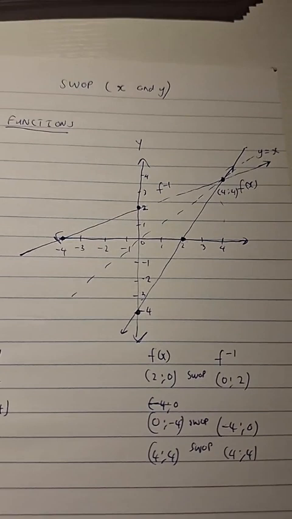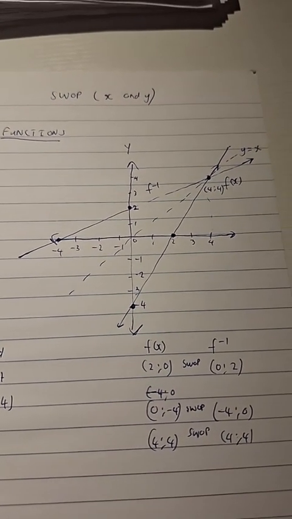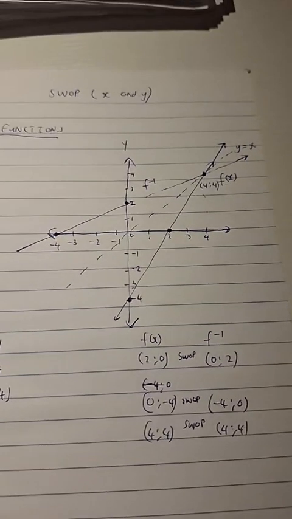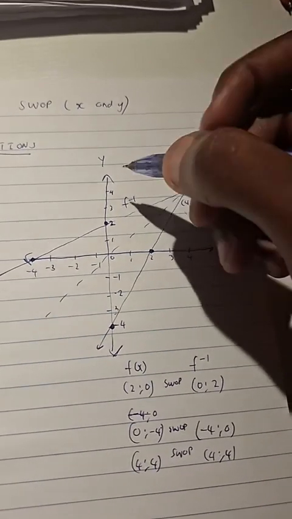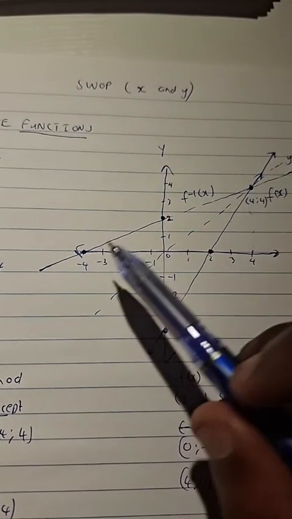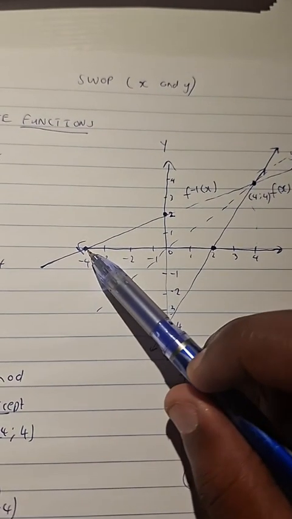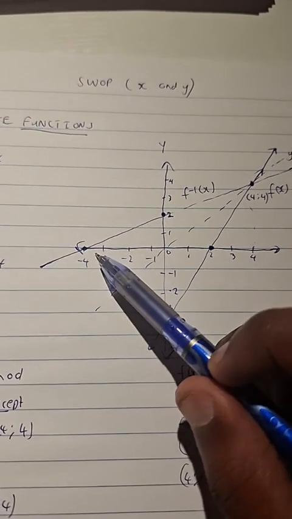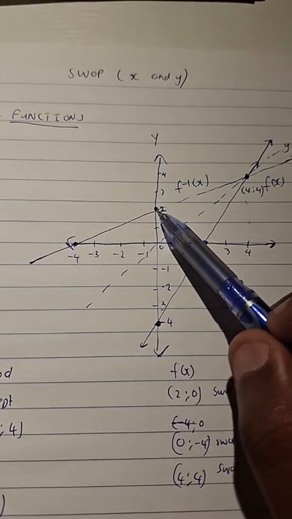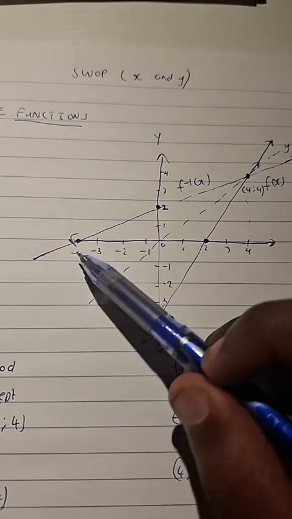I don't know if there are any questions in the comment section, but if there are any questions, please ask. So I label the function here. This is the inverse of the function. I can clearly see the points -4 and 0, and 0 and 2, the y-intercept and the x-intercept.